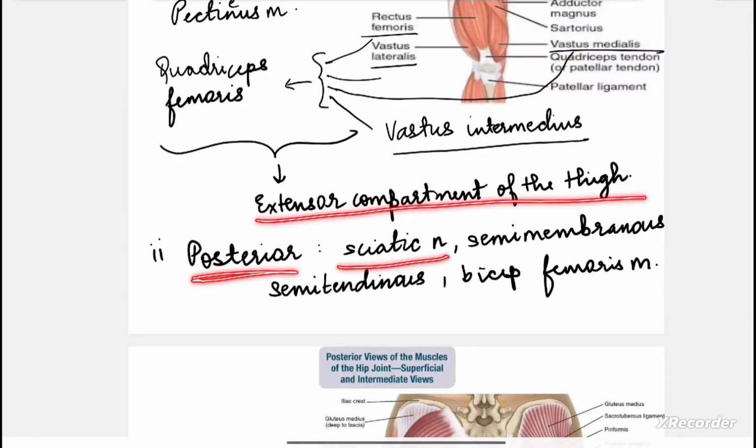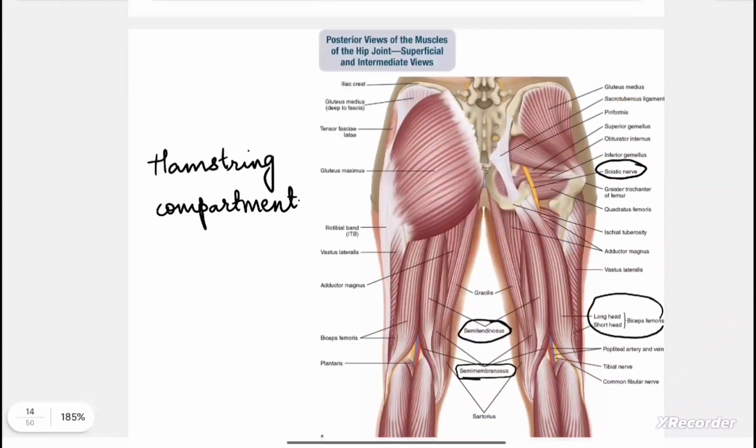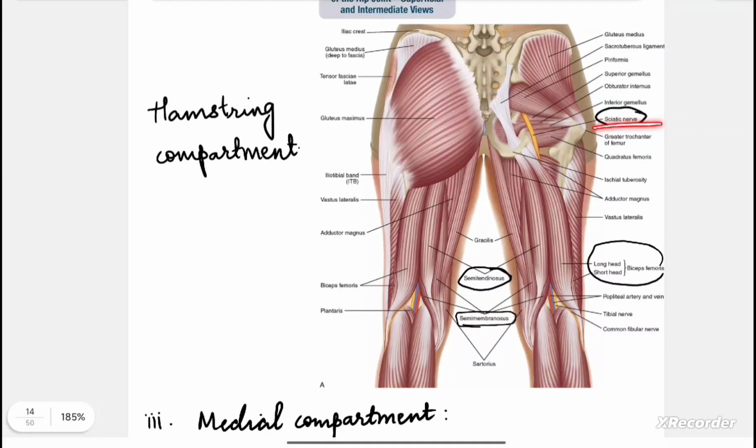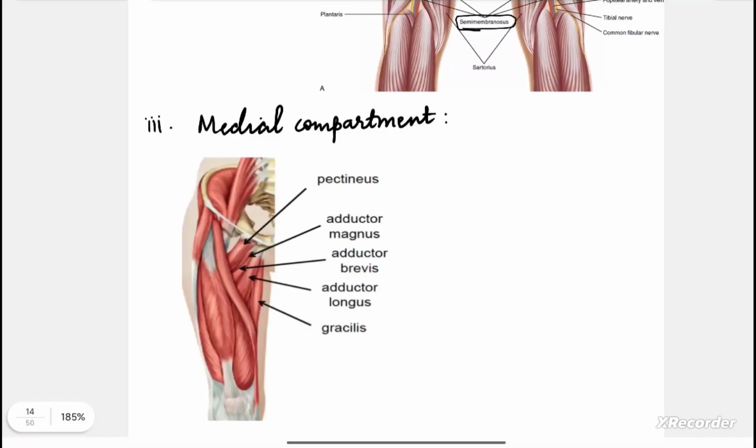Posteriorly, the sciatic nerve, semimembranosus, semitendinosus and biceps femoris muscles are present: sciatic nerve, biceps femoris long head, short head, semitendinosus, semimembranosus. These are also called the hamstring compartment. In the medial compartment, there are adductor magnus, adductor longus, adductor brevis and gracilis.